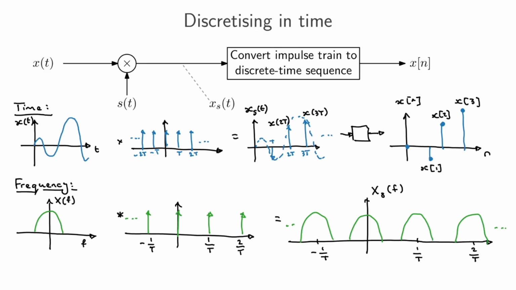You can think of that as the spectrum of this thing. We'll get into the details about exactly how you think of the spectrum of a discrete time signal in a little bit.